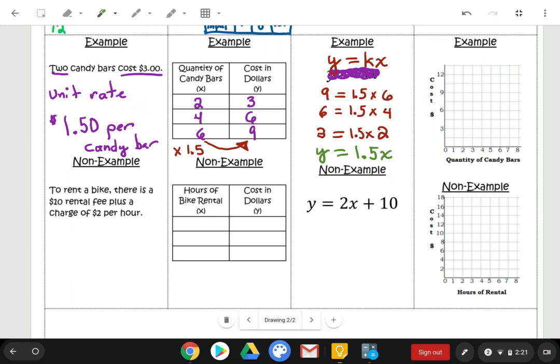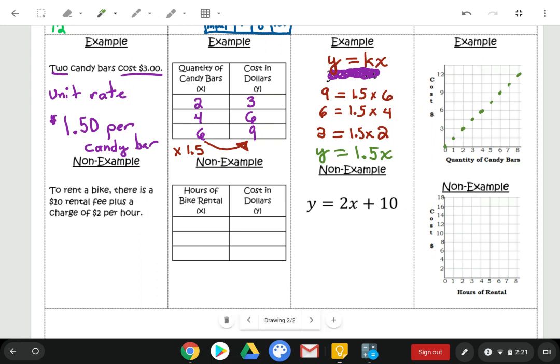Now, let's put those points in our table on a graph. So we know 2 candy bars cost $3, and we know 4 candy bars cost $6, and we know 6 candy bars cost $9. And I'm just going to go ahead and add the rest of the dots following that pattern. And honestly, I can get out a straight edge or ruler and connect those dots. And I want you to examine our graph.